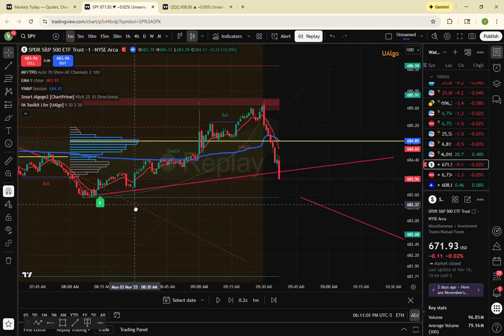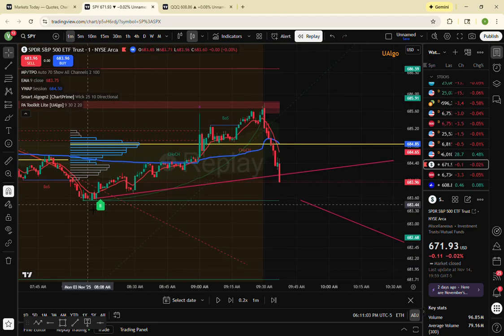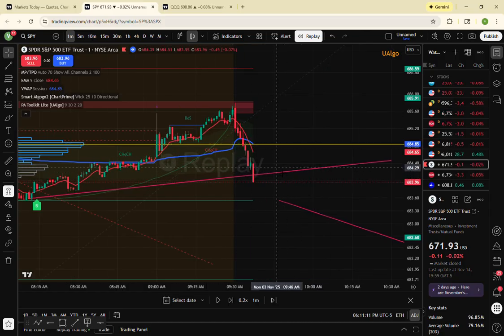So this is a price action drawing right here. If I want to sell right now, I could sell, because there are three things that I'm looking for, or even more than three things. So I think it's four.